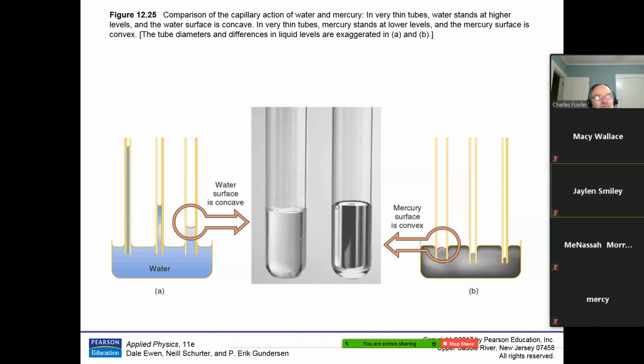Now that also results in other physical issues. I'm going to get into something now I don't think the book's quite going to get into, but let me tell you, just because it is fairly important.